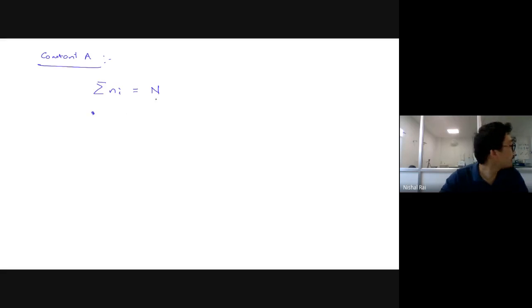Because the total number of particles is fixed. So the summation of Ni will be given by what? You have just done it now. It is given by A times the summation of Z e to the power negative beta ei. Ni can be written as this. Is it clear? So A times the summation over all e to the power negative beta ei should be equal to N, or basically A is given by what?